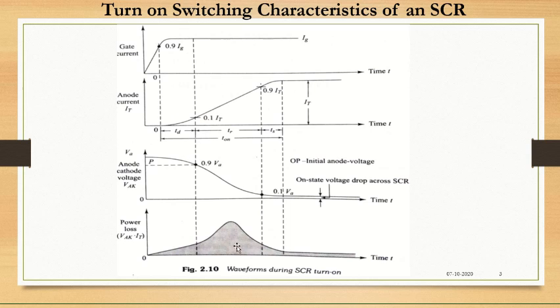To limit that, inductors will be used because of this power loss or the hot spot that gets created in the device. So all these precautions should be taken during different applications where SCRs will be used in switching power electronic circuits.